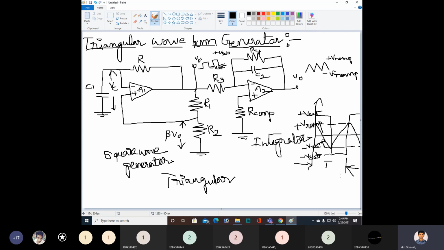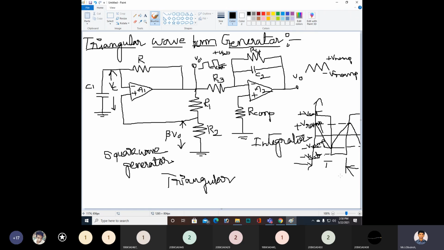The circuit consists of, you need to remember, dual op amps, 2 capacitors and at least 5 resistors. The frequency of square wave and triangular wave is the same for fixed values of R1, R2, R3, R and C. The amplitude of the square wave is constant at plus V saturation to minus V saturation, as shown in the expected waveforms.